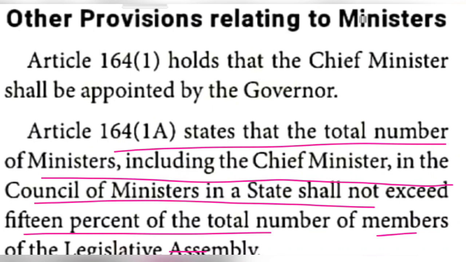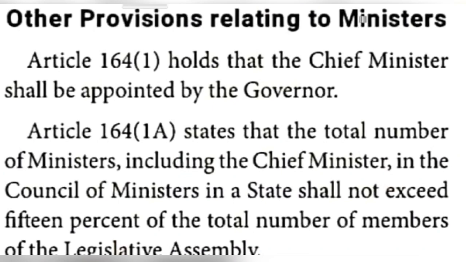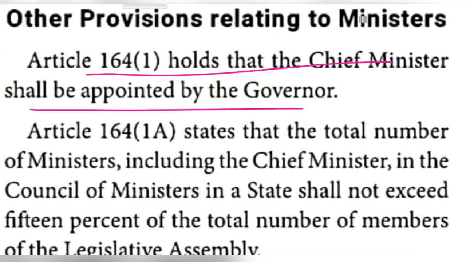So one member who is elected, in the sense, the governor is appointing from the Anglo-Indian community. Okay, children, once again I am telling you the other provisions relating to the ministers. Under the council of ministers, Article 164(1) holds that the chief minister shall be appointed by the governor.